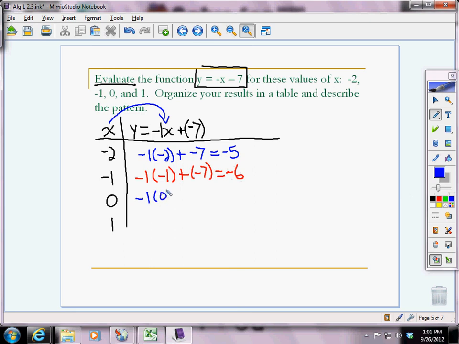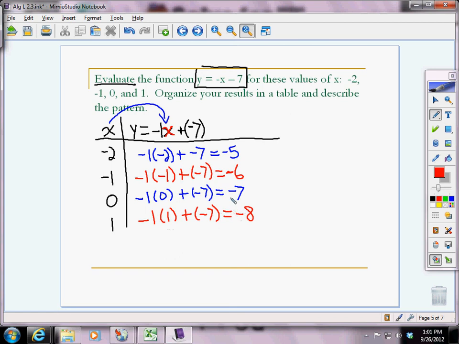Negative 1 times 0 plus a negative 7. Negative 1 times 0 is 0 plus a negative 7 equals negative 7. And finally 1. Again, we're just substituting things in here for x, our input. We have negative 1 times 1 plus a negative 7. Negative 1 times 1, negative 1. Negative 1 plus negative 7 is a negative 8.